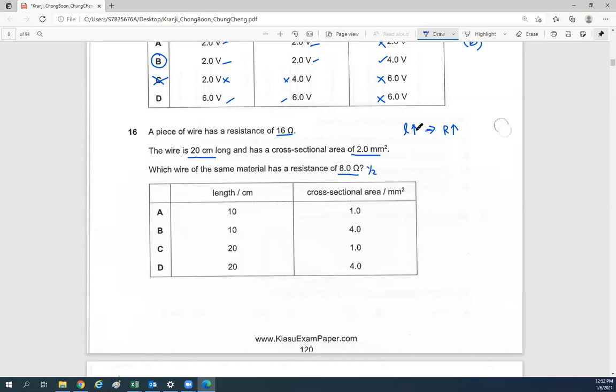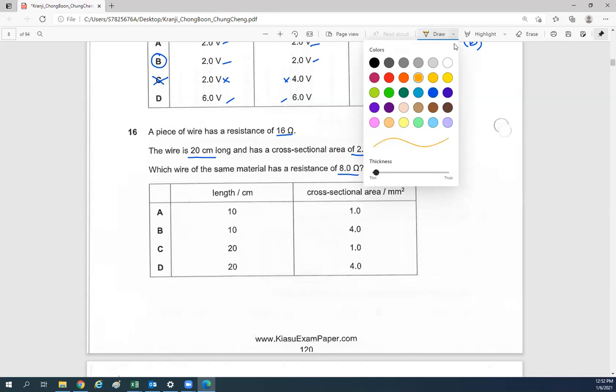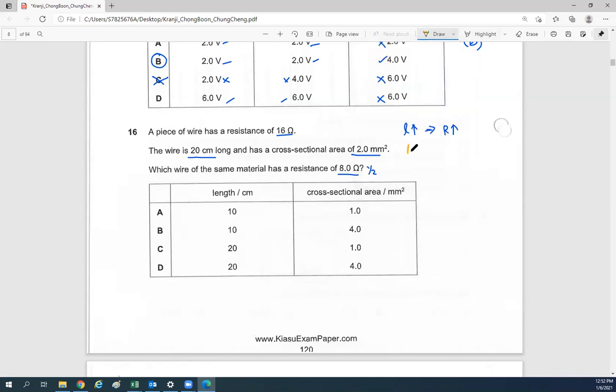That's one, talking about length. Next, the cross-sectional area. If the cross-sectional area increases, the resistance of the wire will decrease. So this is the theory behind this question. In order to solve it, you must know this concept.